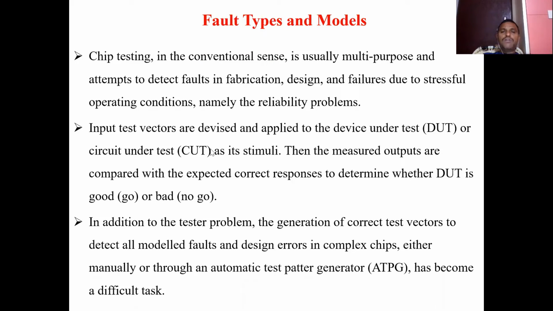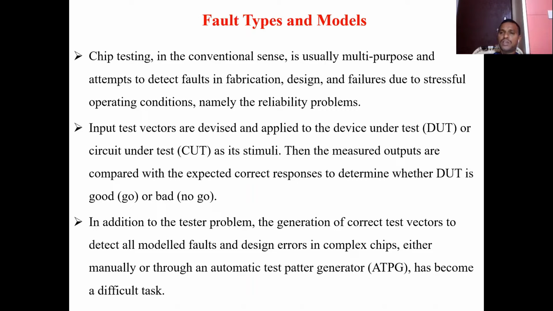Next, what are the different faults? We have fault types and models that we will see here. Chip testing in the conventional sense is usually multi-purpose and attempts to detect the faults in fabrication, design, and failures due to stressful operating conditions, namely the reliability problems. I already told that we will test our design at different levels: at the time of fabrication, at the time of design.